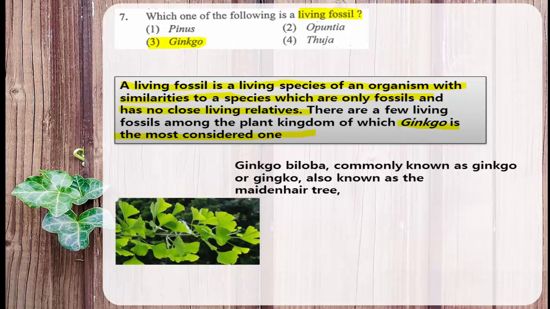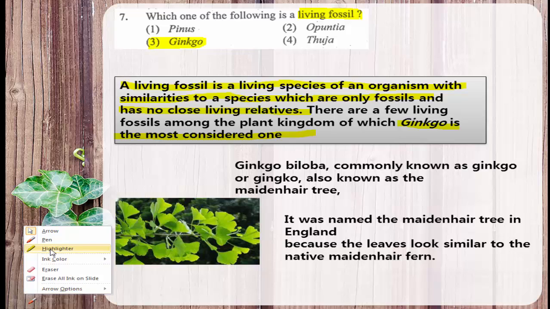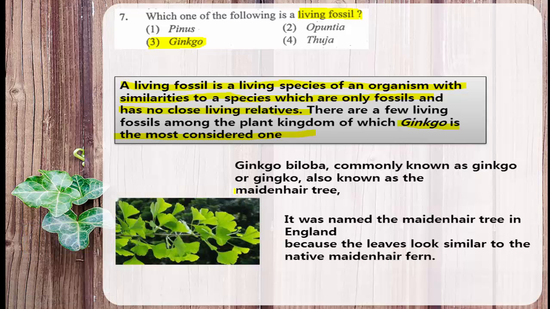tree. Why the ginkgo is called maidenhair tree in comparison with a fern called maidenhair fern? The name for Ginkgo biloba, common name as maidenhair tree, it is actually named in England because leaves of the Ginkgo biloba look similar to the native fern of England, that is maidenhair fern.